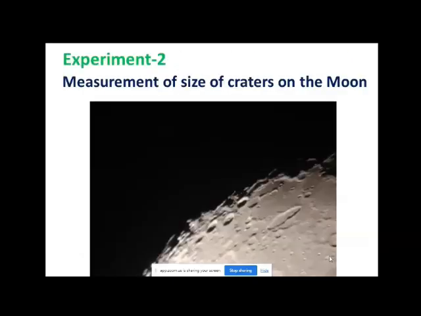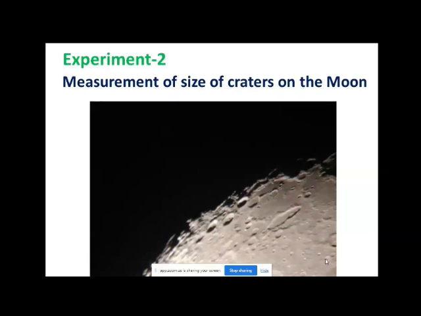Now we are going to measure the size of a crater on the moon. This image I have taken with my telescope, a 5 inch, or 127 millimeter, reflector telescope, with my smartphone.